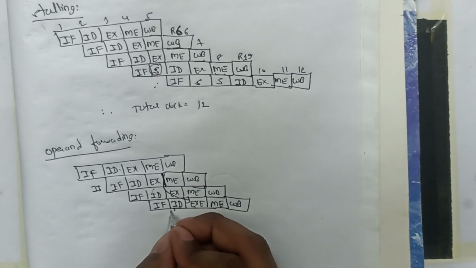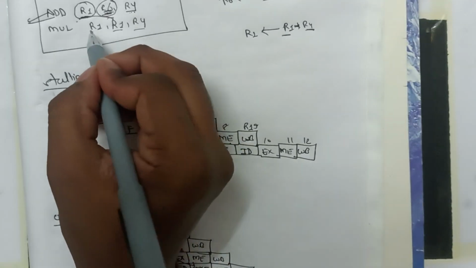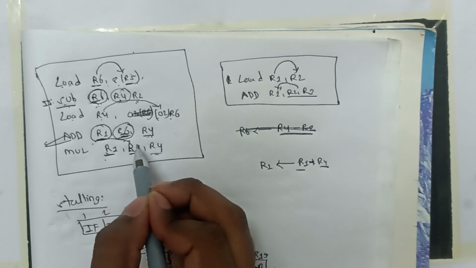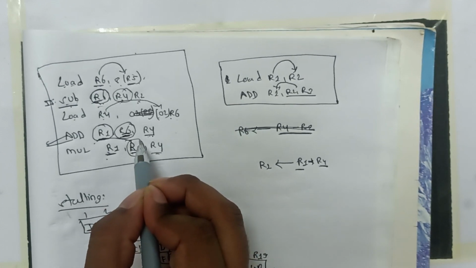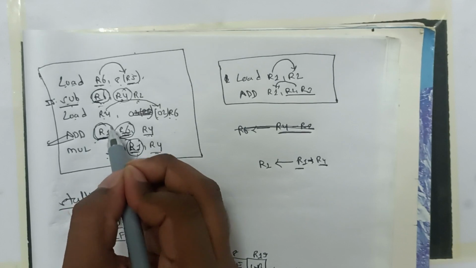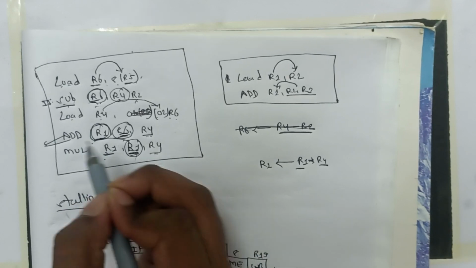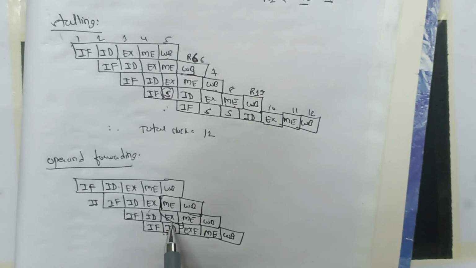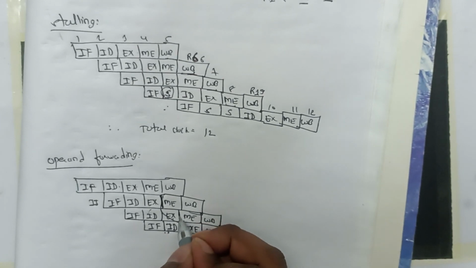Then the third one: multiply R1, R4 stored in R1. This R1 is dependent on the earlier R1, and where can we get it? After the execution of instruction 4. It means I can get the value of R1 after the execution cycle.